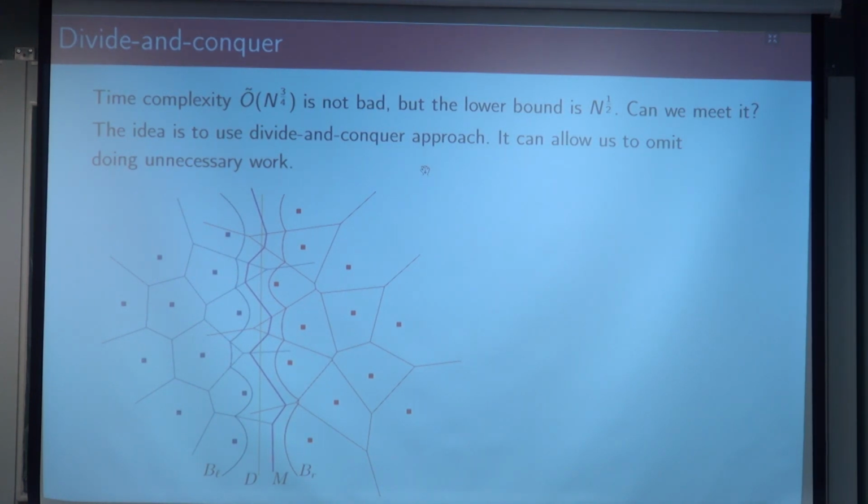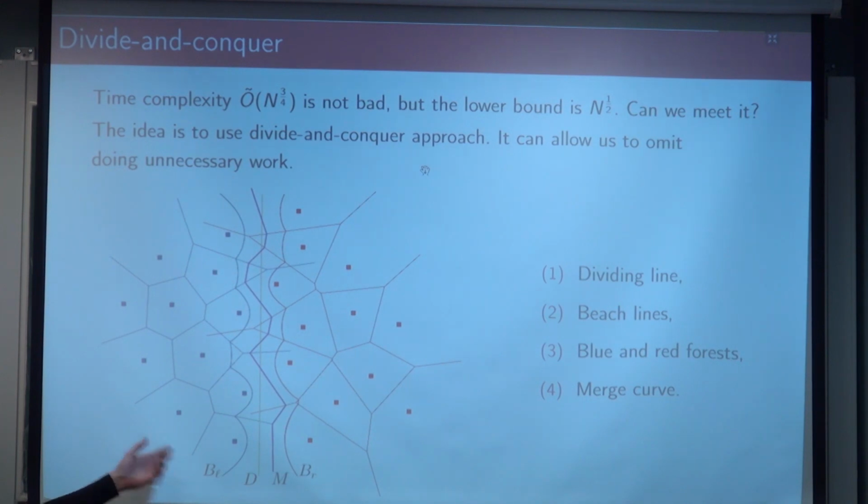Let me now introduce to you the basic setting of what divide and conquer is. On each level we divide the sites into two roughly equal subsets by a vertical line, which is called the dividing line. We can compute the Voronoi diagrams for the right and the left sides recursively, but we're still not sure if we need to store them explicitly. What we really need are the following objects.